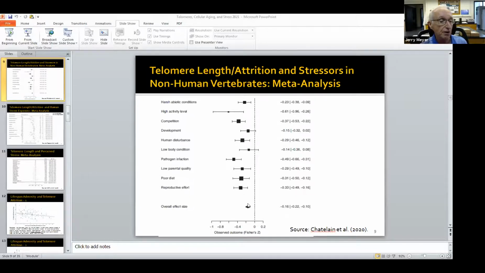And this is the overall effect size. So there's a lot of animal studies looking at natural stressors that are supportive of the idea that chronic stress is associated with more rapid telomere shortening.